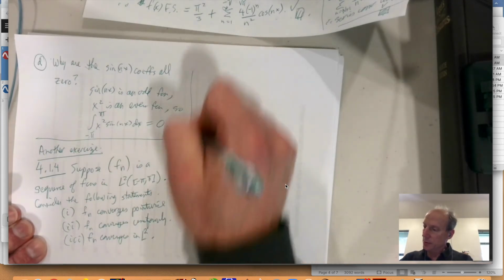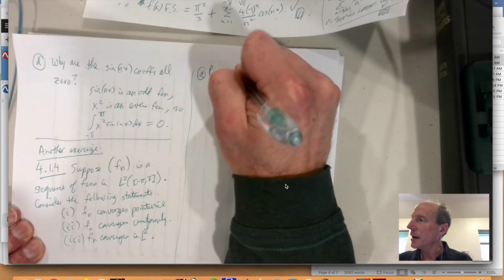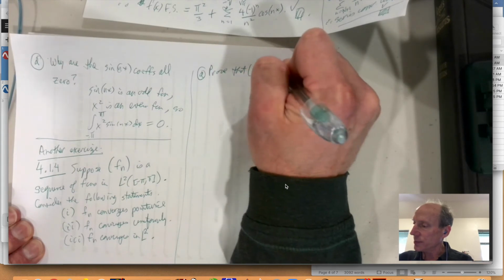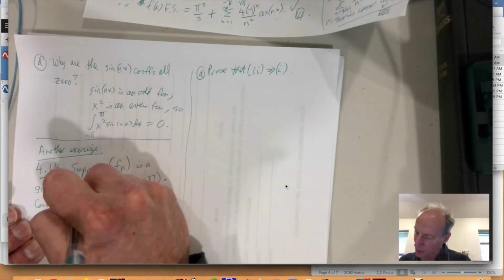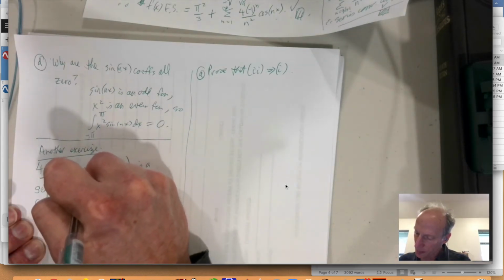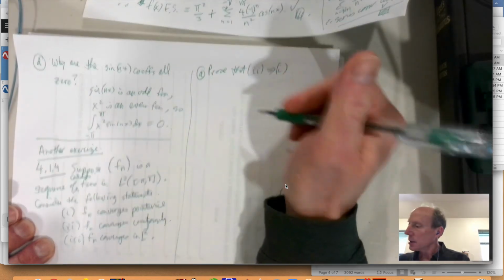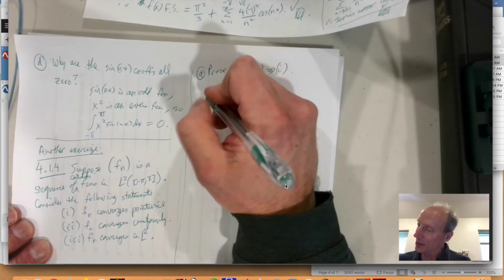So question A is, prove that 2 implies 1. Oh, I think I have to say that this is a sequence of continuous functions. Okay, all right, because otherwise this is false. All right, so here we go.